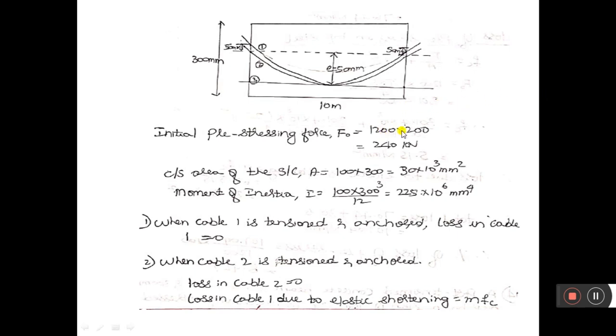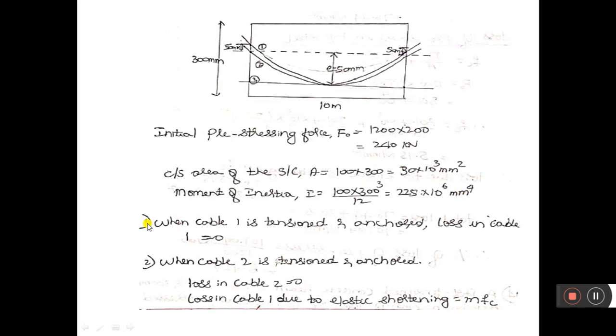Stress into area gives the prestressing force, that is 240 kilonewton. Cross-section area is equal to 100 into 300, that is 30 into 10 to the power of 3 mm square. It is the cross-section area of the given beam. Moment of inertia is BD cube by 12, that is 100 into 300 cube by 12, which gives 225 into 10 to the power of 6 mm to the power 4.